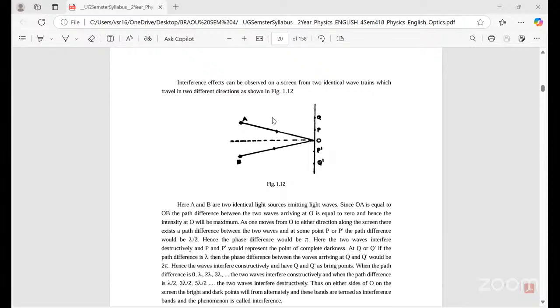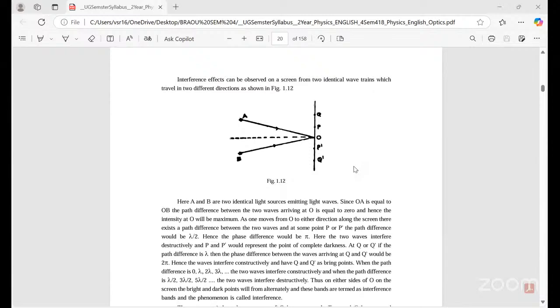So interference effects can be observed on a screen. In the case of interference, you observe bright, dark, bright, dark, bright, dark fringes.